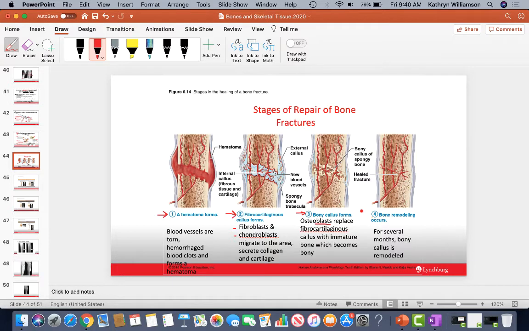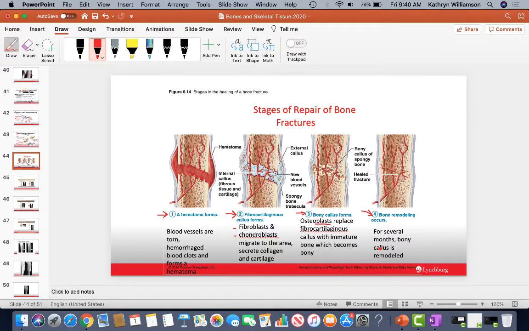And then we have a period of time where the bone remodels. You're going to see a remodeling of the bone based on the normal stress that bone is under. That happens for months after the bone fracture is healed.